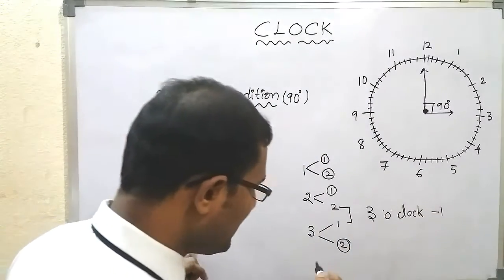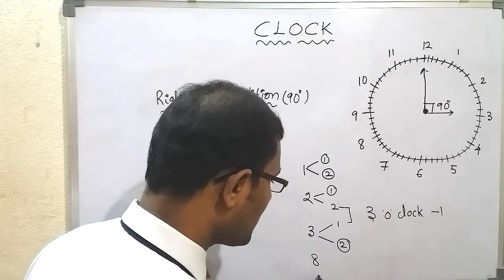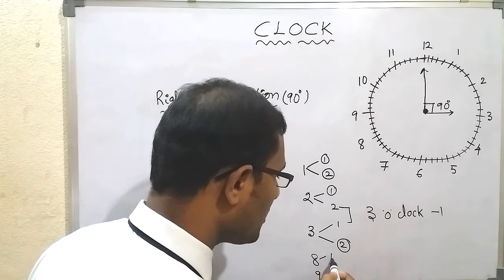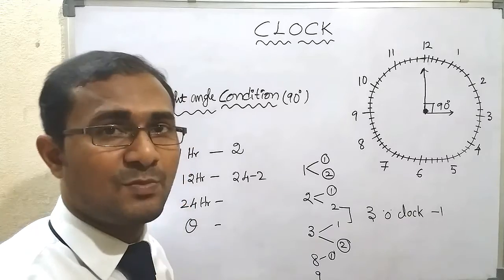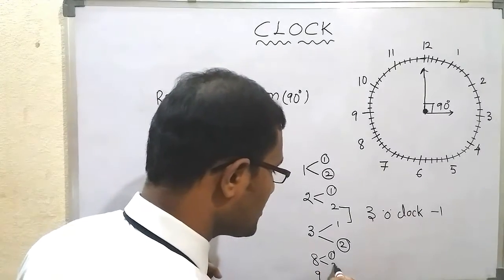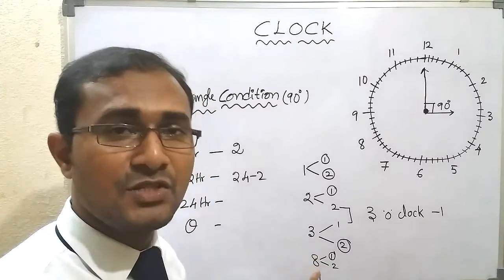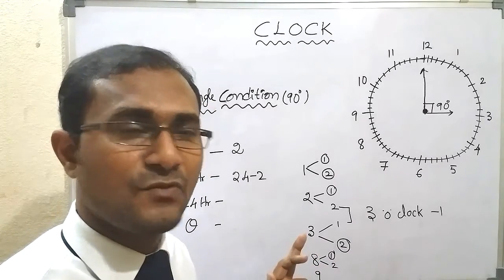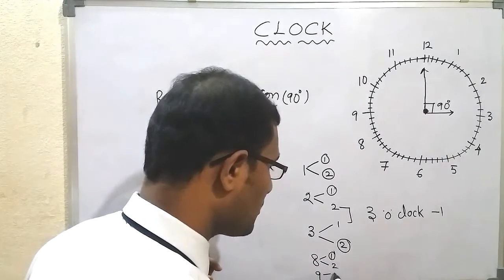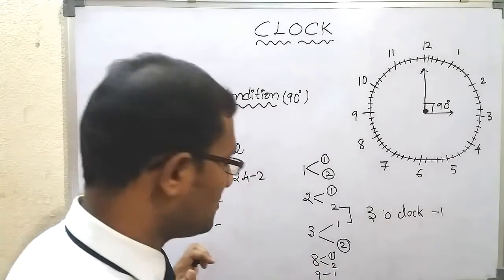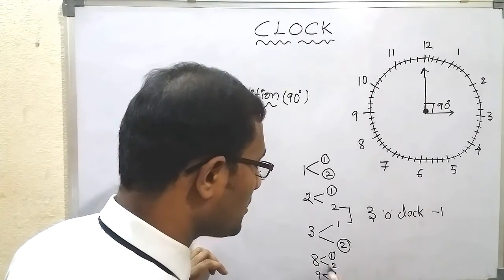Now similarly for 8 o'clock and 9 o'clock also, for 8 o'clock the first condition is possible but the second condition is not possible. Similarly for 9 o'clock the first condition is not possible but the second condition is possible.